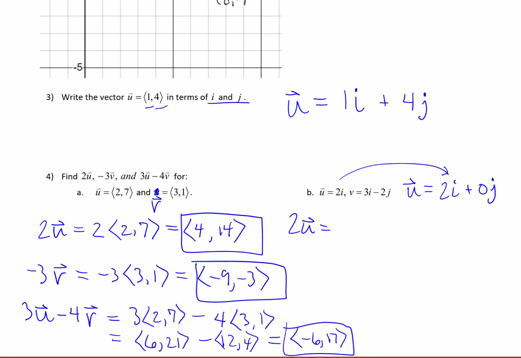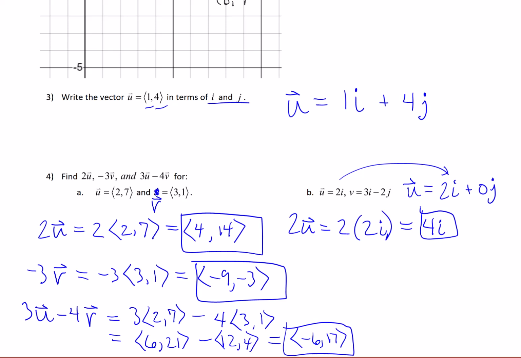So really it's just 2 times 2i, which you could multiply as 4i. Now, again, you could say plus 0j, but there's really no need to put the 0 in there. You can assume it's 0 if that j is just missing from the expression.